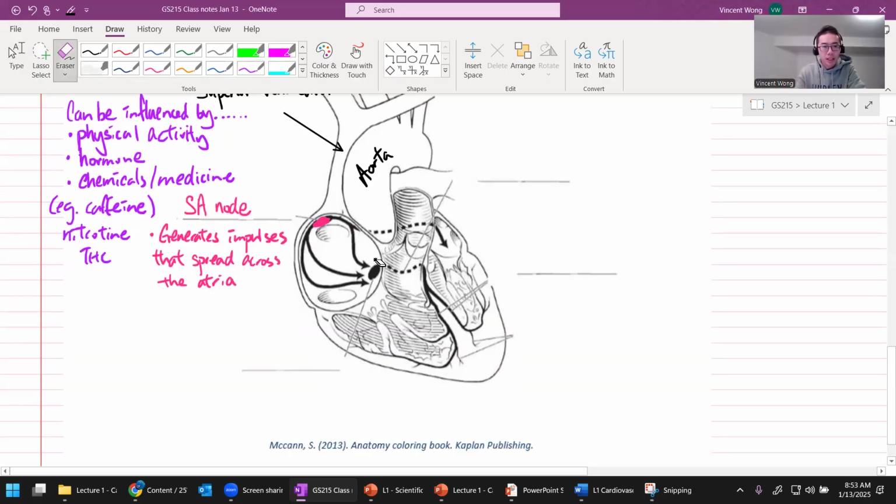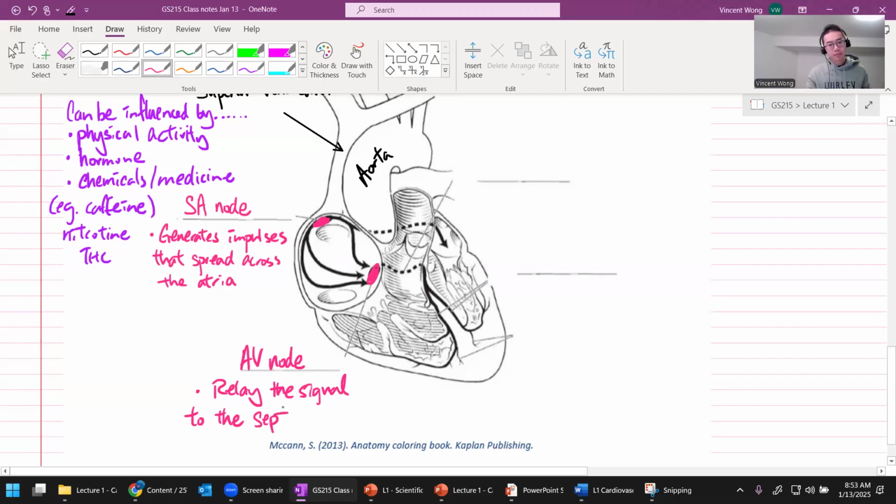All right, there's another cluster here. This is called the AV node, atrioventricular node. And the purpose of the AV node is basically to relay the signal to the septum and ventricle.